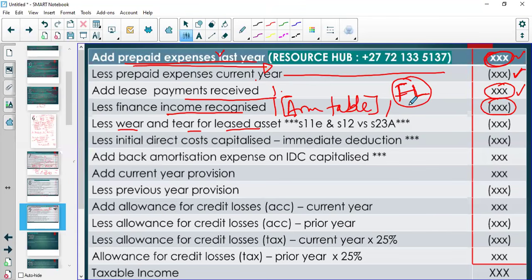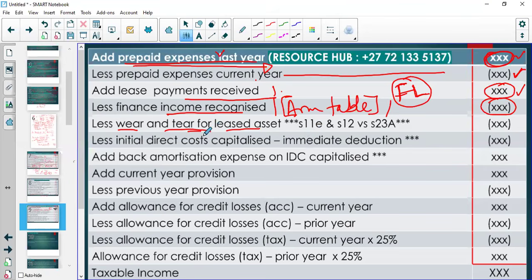It is an operating lease where we still have the asset. But with the finance lease, we have transferred the asset. So we have derecognized it. The asset is no longer in the accounting records. All right. But we're still allowed to deduct wear and tear because we are the legal owners. The thing is registered in our name.